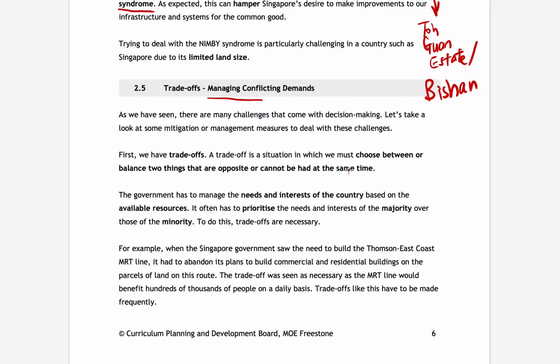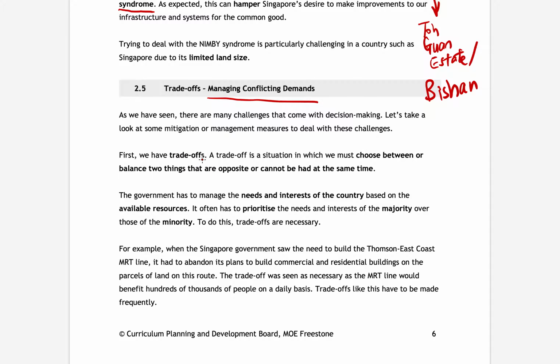Half of it will go to highway infrastructure. Half of it will go to MRT line. That is what we call a trade-off. So essentially, we are creating a balance. Okay, we know that we'll never be able to satisfy everybody completely. So we try to make the best out of the situation, and we try to make life better for as many people as humanly possible.